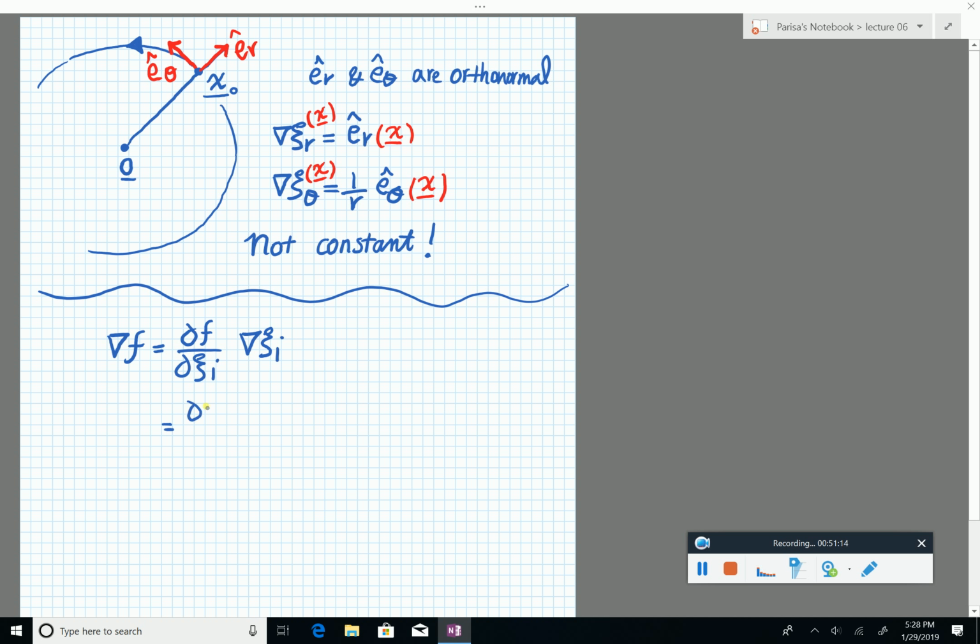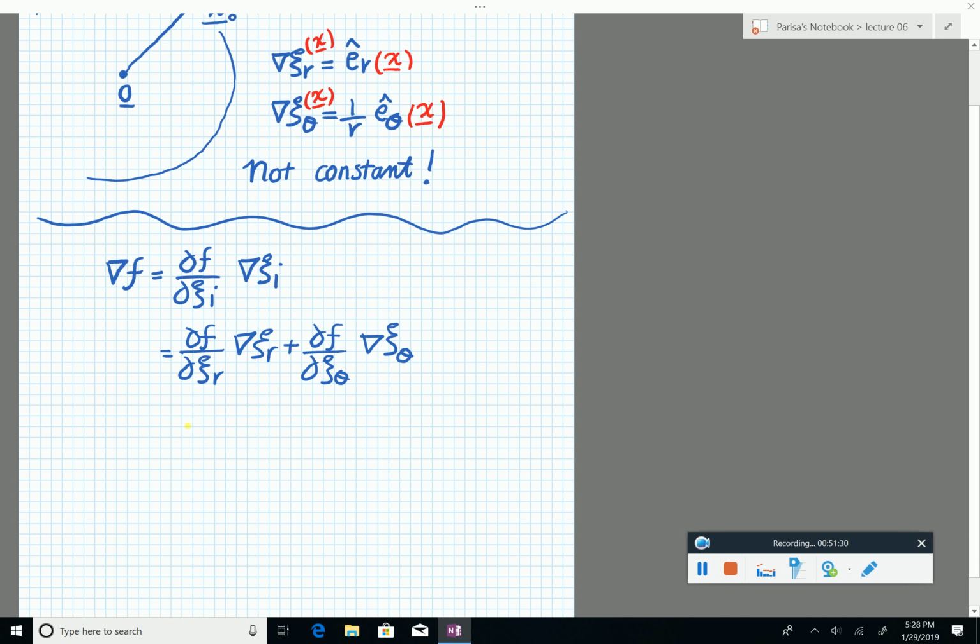This is a summation, right? And now all I have to do is to substitute the relations for the gradients, the relations that I didn't really show you, but I hope. So typically you just say E_r, it's much easier.